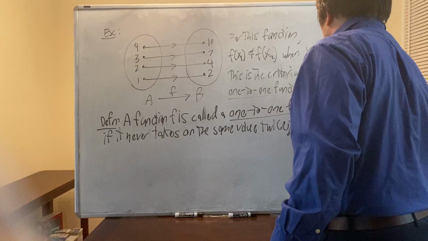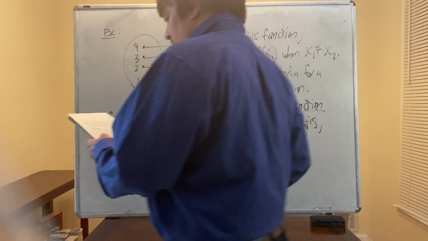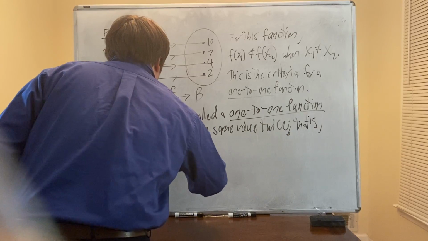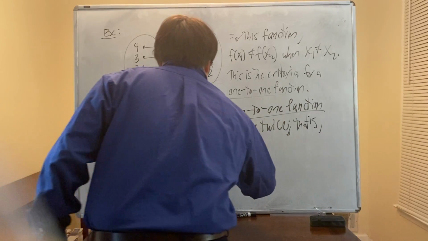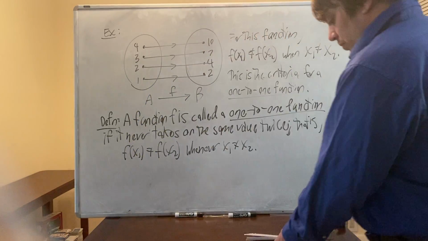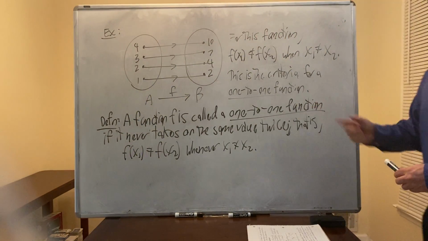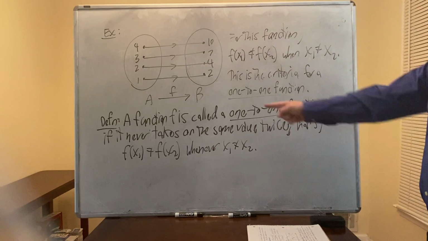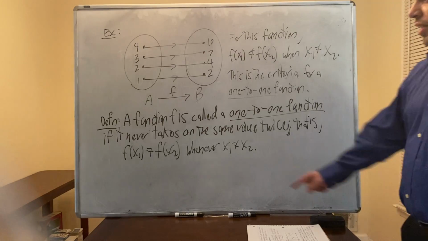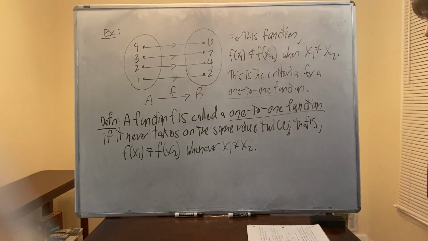That is, f of x1 does not equal f of x2 whenever x1 does not equal x2. Okay, so that's the definition of a one-to-one function.